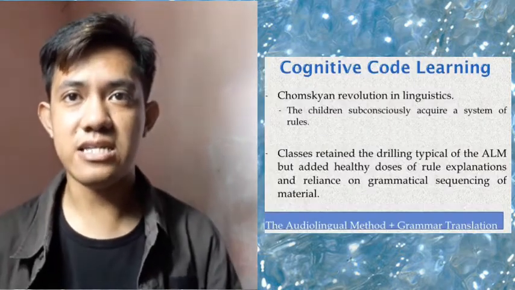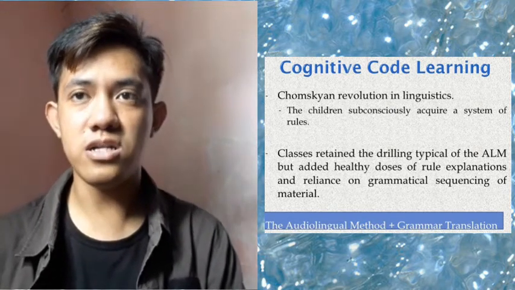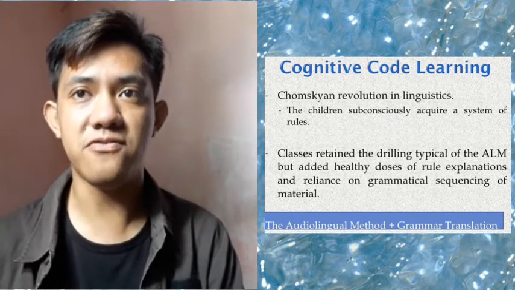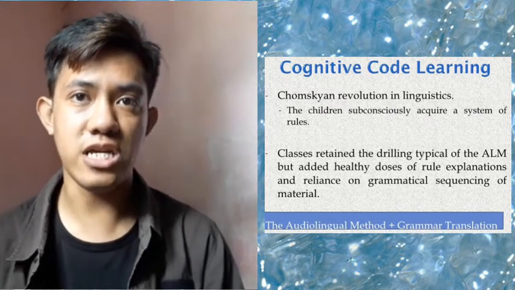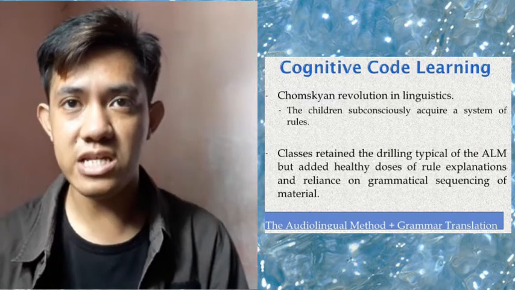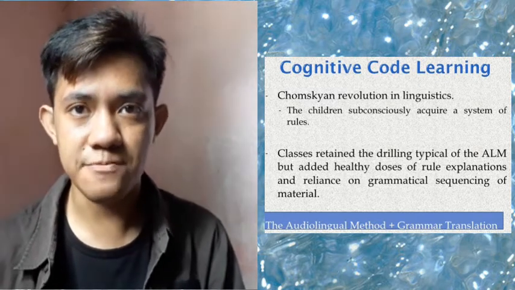The second is cognitive code learning. The background of cognitive code learning is from the Chomskyan revolution in linguistics, which says that children subconsciously acquire a system of rules.